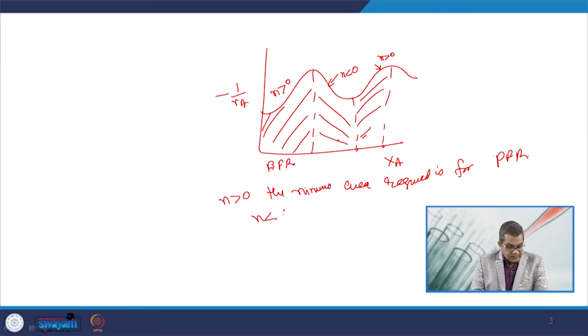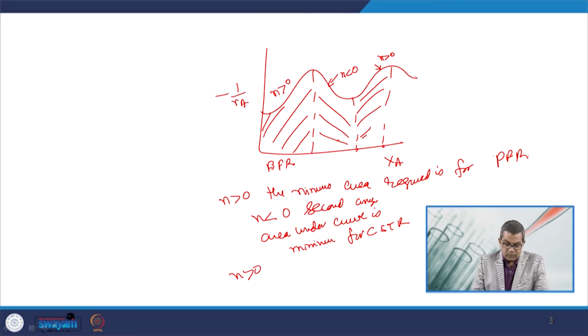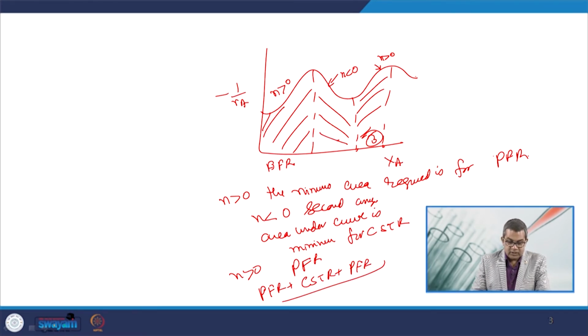If n is less than 0, that is the second zone, the area under the curve is minimum for the CSTR. And for n greater than 0 in this third zone, the minimum area under the curve is possible only for the PFR. So the arrangement would be PFR plus CSTR plus PFR. So this would be the arrangement.